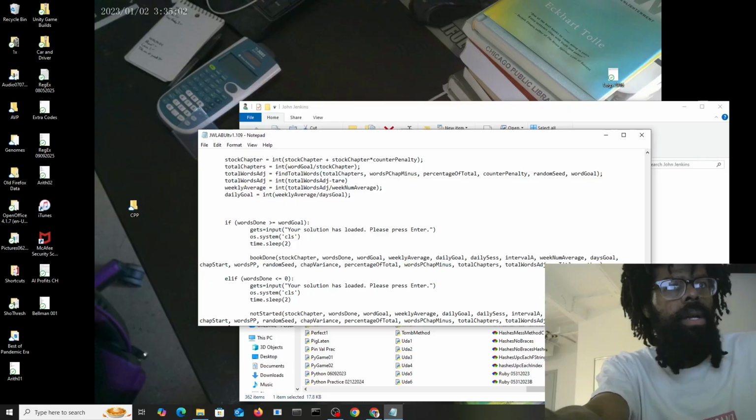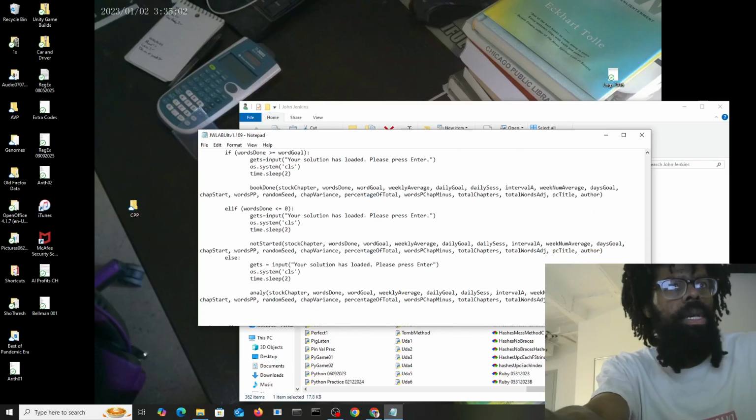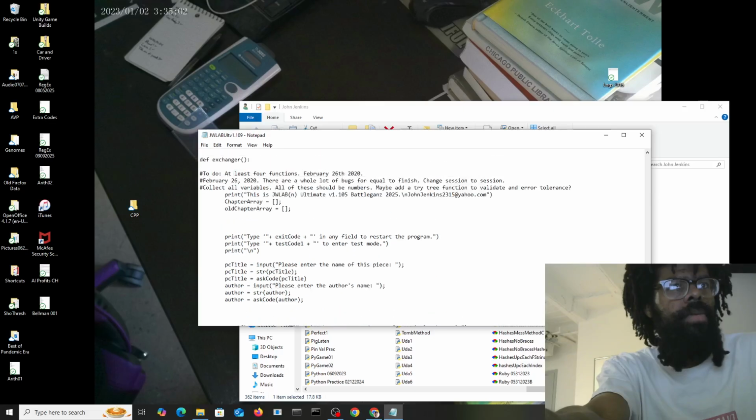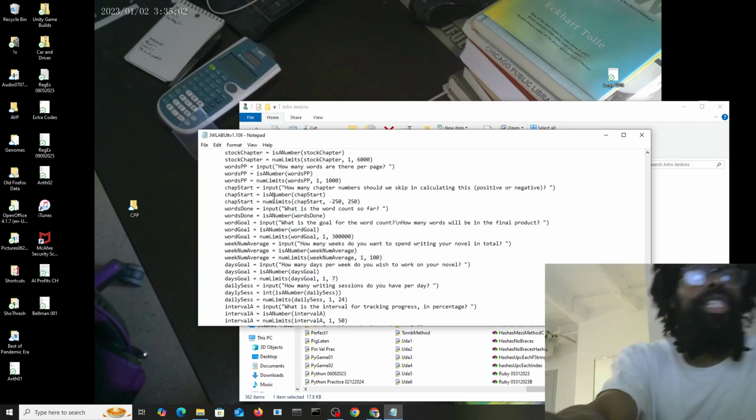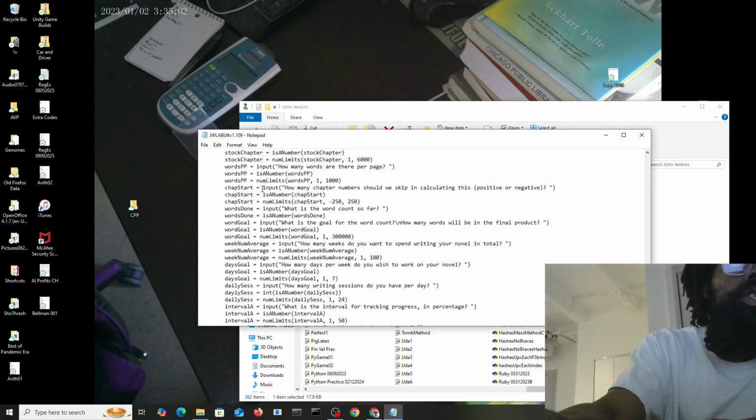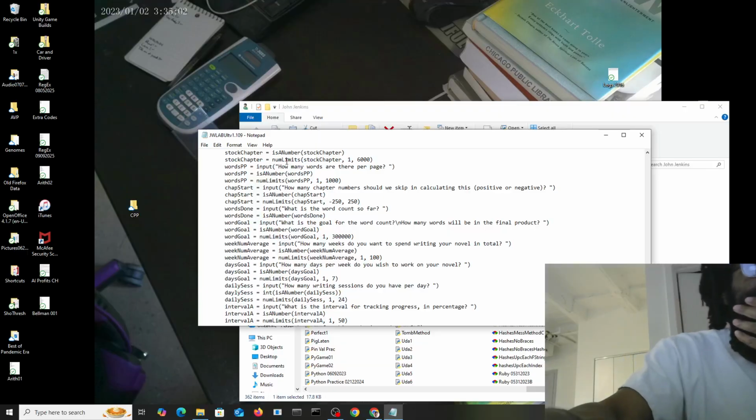Let's go down here. Chap start. No, that's not what I'm looking for. I guess the easiest way to find this would be here. How many chapter numbers should we skip? How many words are there per page? Actually, that's an interesting question to ask.